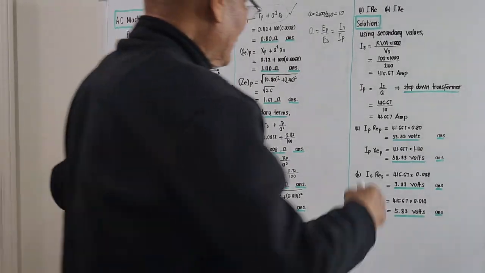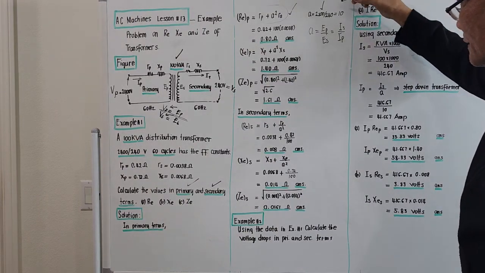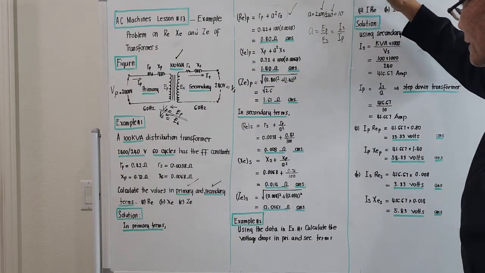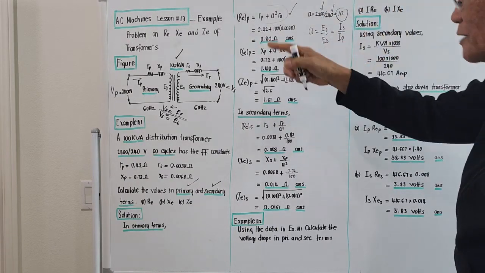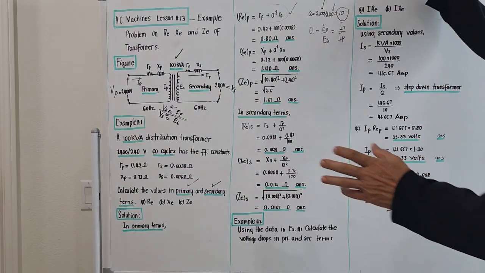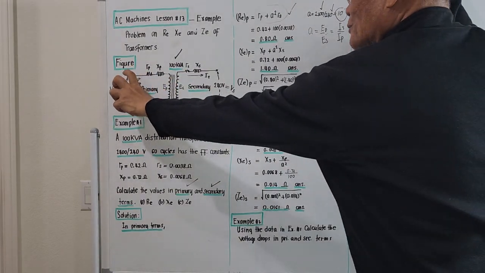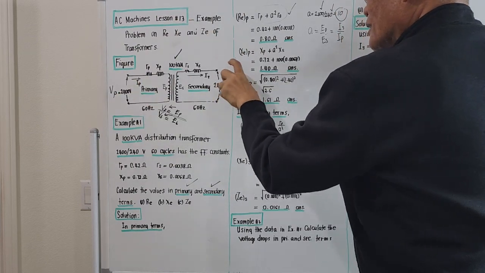So I place it here. V sub P is 2400, V sub S is 240, so the ratio of transformation is actually 10. That is a step-down transformer. Why step-down? Because the input terminal voltage is 2400, and what comes out is only 240.